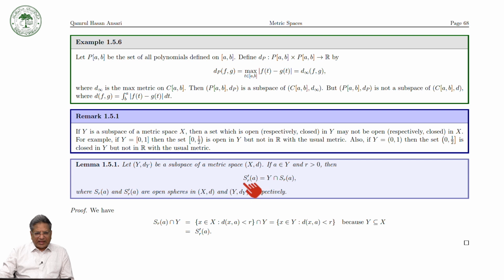Then S'(a, r) is equal to Y intersection S(a, r), where S' is the open sphere in Y with respect to this metric, and S is the open sphere in X with respect to the metric d. This is the main key to go further to see the openness and closedness of a set in a subspace and in a metric space.